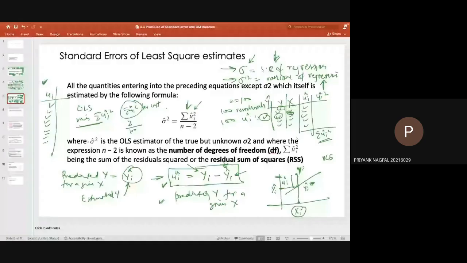Sir, if the sample size is 100, then is this for a sample or for a population? You can see the hat on the residual here. If there is a hat, it's going to be the sample, right? Sir, but even for a residual error of a sample, we need a sample distribution.